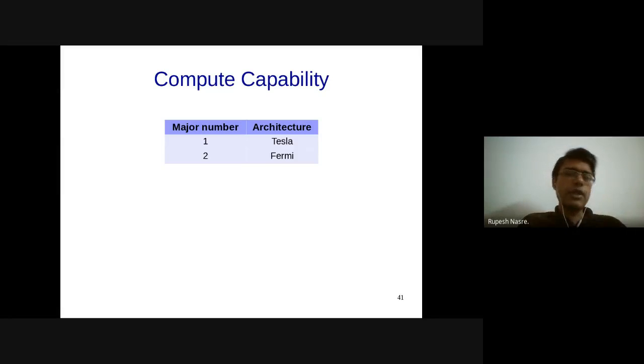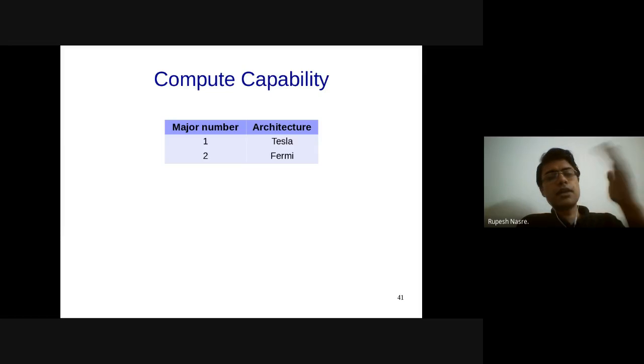There will be multiple such GPUs in a particular family. If the major number was 1, those were Tesla GPUs. There are Tesla GPUs even now, based on this particular type of architecture. That doesn't mean that those are old. Those could be new also. It's just that the original name given to the Tesla architecture family of GPUs was major number 1. Then came Fermi, which had major number 2.